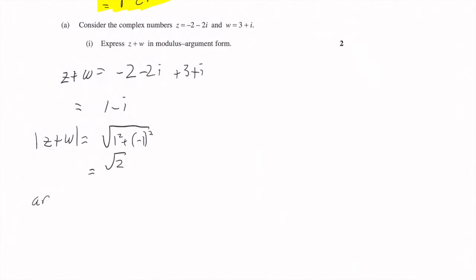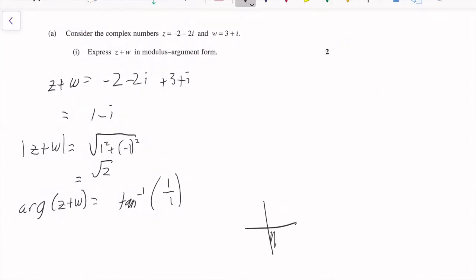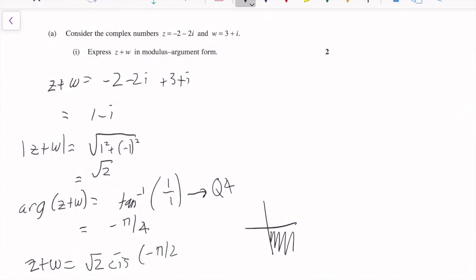And then the argument of z plus w is equal to arctan of 1 on 1, but it is in the fourth quadrant, so the argument would be minus pi on 4. Therefore, the mod-arg form of z plus w is root 2 cis minus pi on 4.